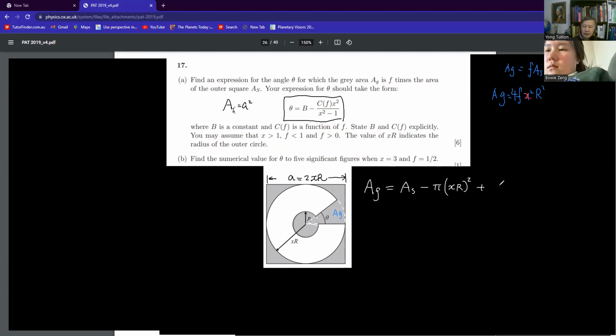Can you see? Add the inner circle, and also you have added this area. You have added the difference between the two.